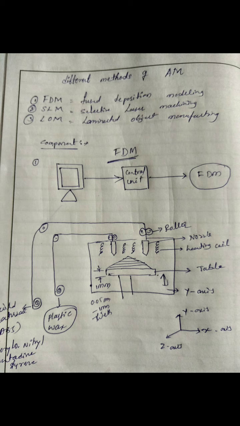And one more material that is very important is the supportive material, that is plastic wax. Whenever you need supportive material, that product only we are going to use. We do not use it for all components, depending upon the size and the shape. Only when it is required, when it is needed, then we use the supportive material, or plastic wax.